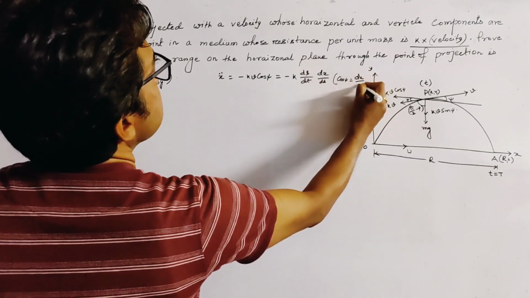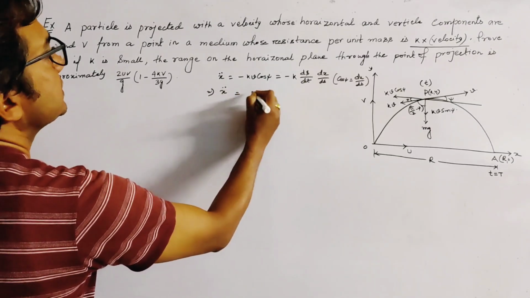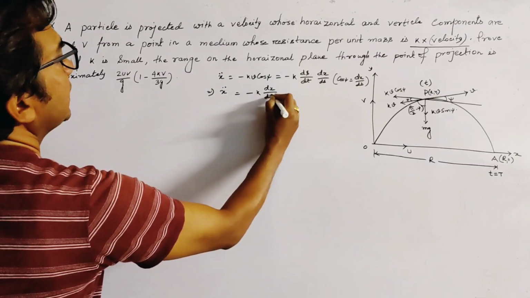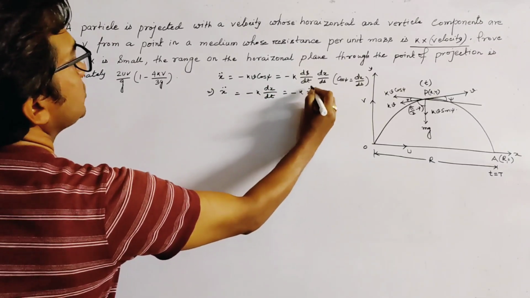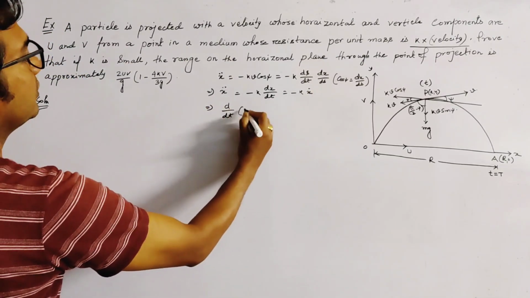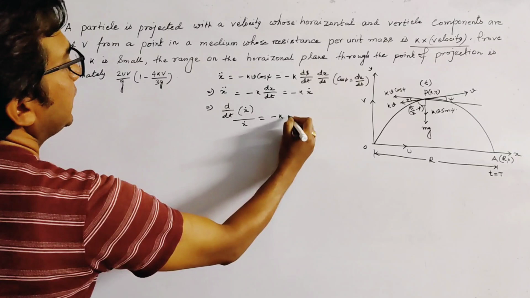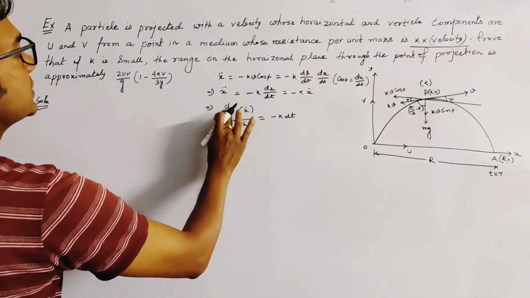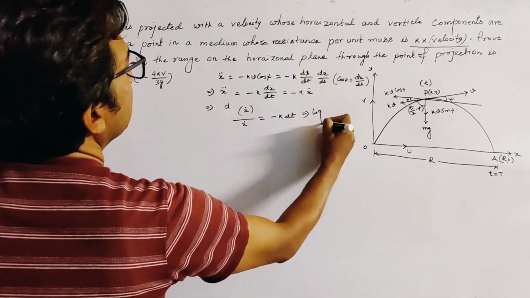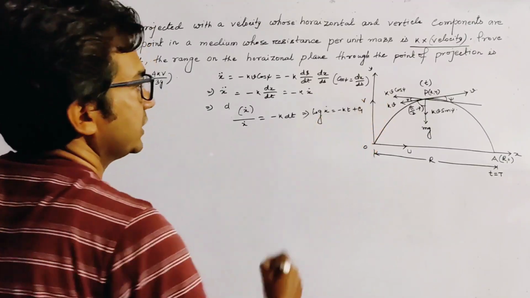So x double dot equals minus k into dx/dt, that is minus k x dot. We get d/dt of x dot by x dot equals minus k dt. Integrating, we get log x dot equals minus kt plus c1, the integrating constant.